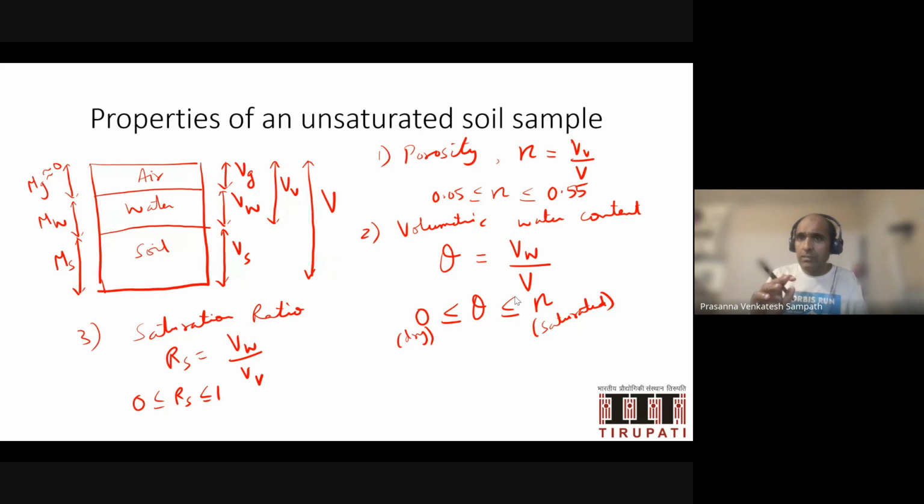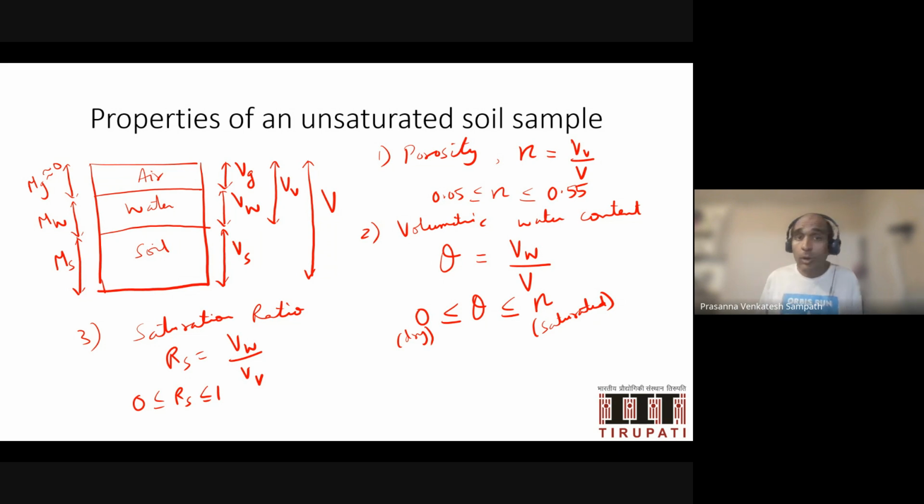So my suggestion is, please use the institute ID, your roll number at iattp.ac.in, that email ID, to join, because otherwise I keep getting this notification to let you into the room. Usually if you're using your institute ID, it just allows you into the room without any need for permission. Anyway, all right.